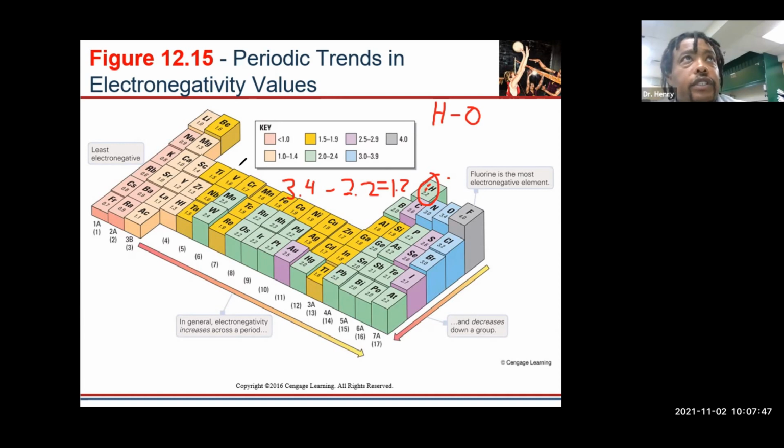So let me give you the parameters. If the difference between the electronegativity is less than 0.5, sorry, that is the wrong way.